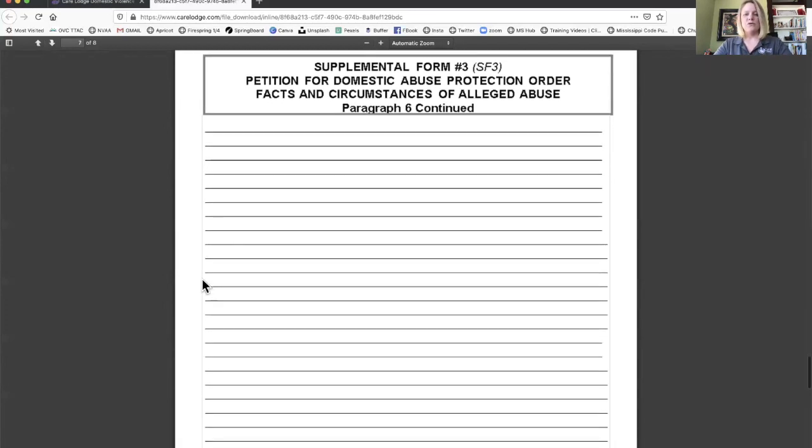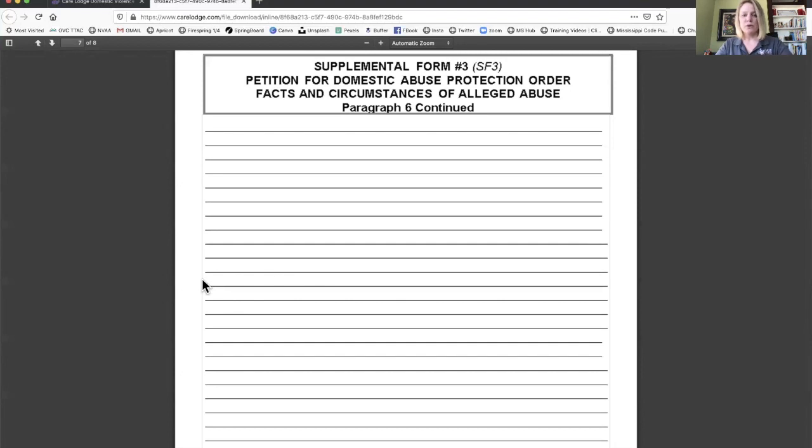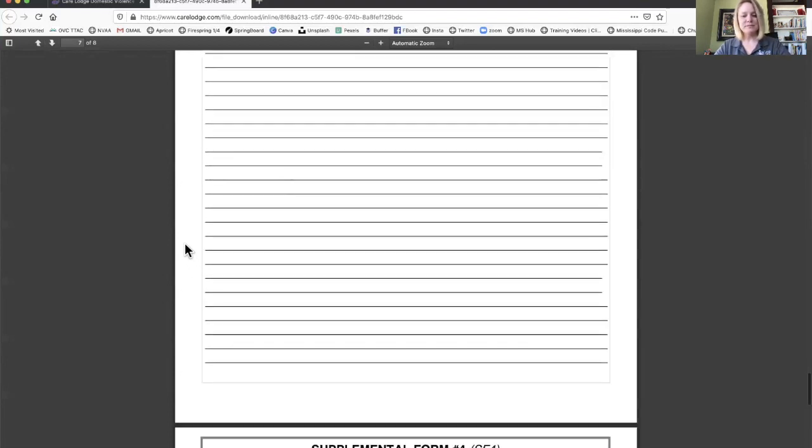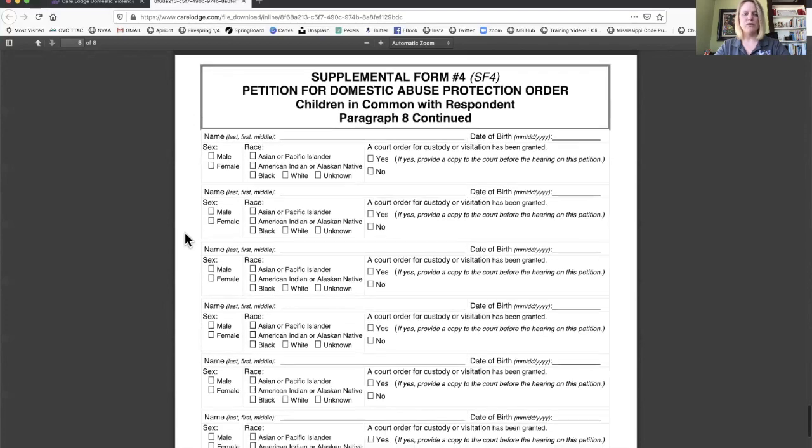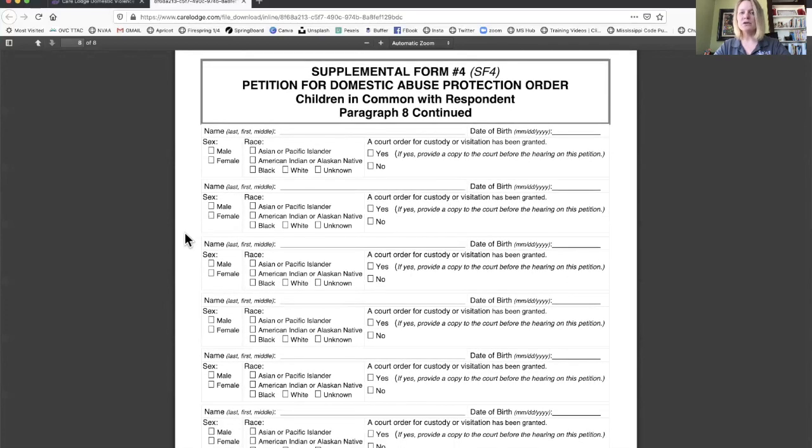Here's that additional form 3 for your story of the abuse that is occurring between you and the respondent. Supplemental form 4 is used for additional children, which is more than 2, that you have in common with the person you're filing against.